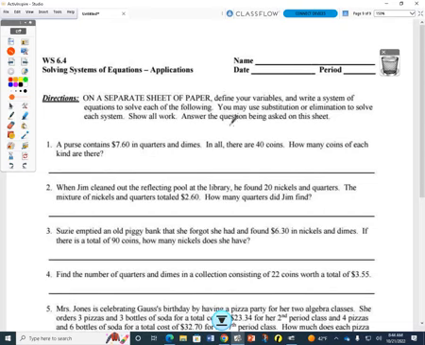So we're actually going to define our variables on this one. On a separate sheet of paper, we're going to write a system of equations to solve each of the following. Let's write right here, define variables in the blank.